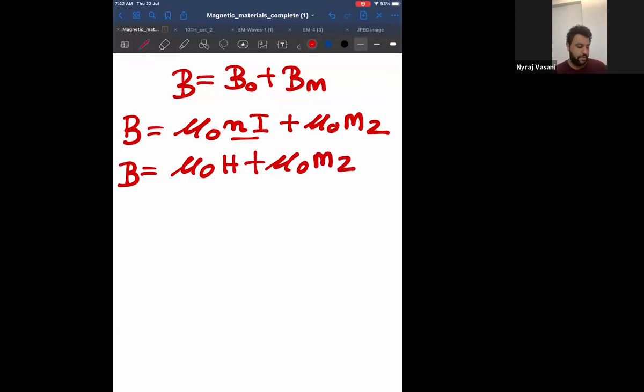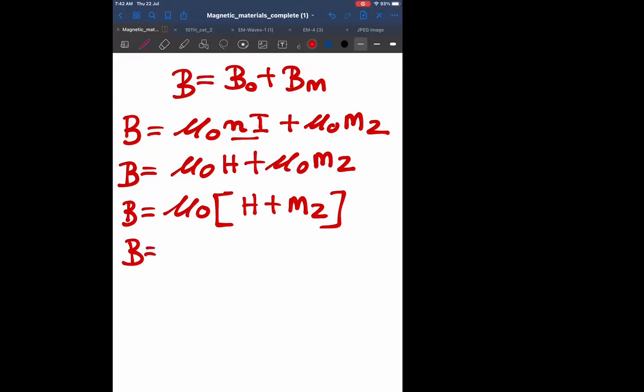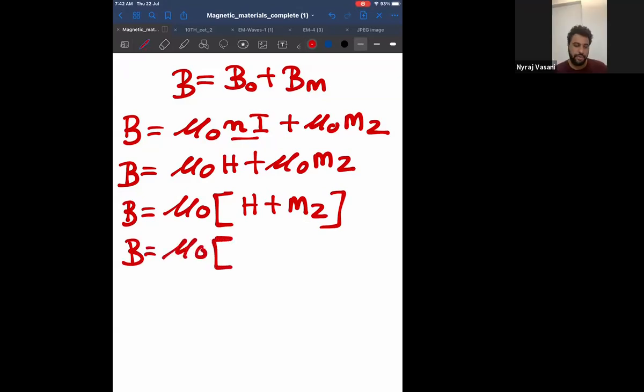Now B equal to, can I say mu naught is common? Inside the bracket, I can take H plus Mz. Or I can write B is equal to mu naught common, H plus Mz can be written as susceptibility into H, because the formula for susceptibility is Mz by H. Therefore, can I write Mz as Xi into H? Now, mu naught as it is, H is common.